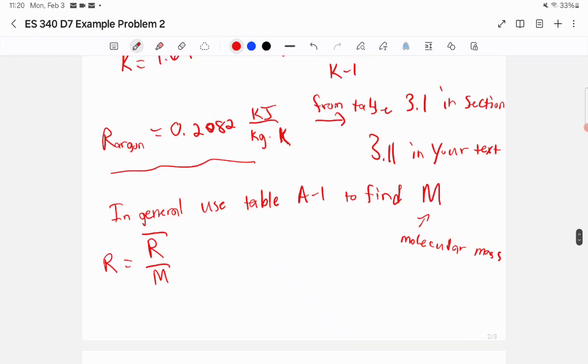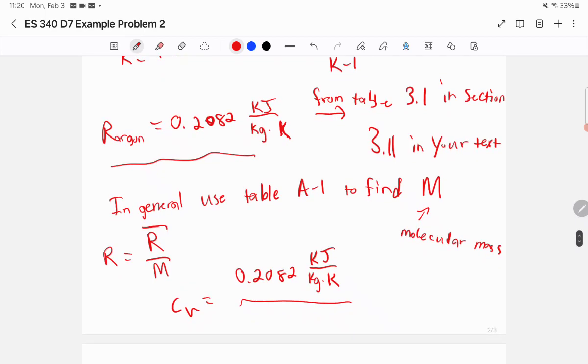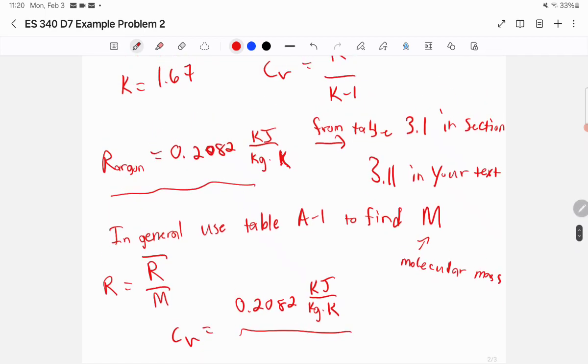So if we take this, we can say that Cv is equal to 0.2082 kilojoules per kilogram times Kelvin, divided by 1.67 minus 1.